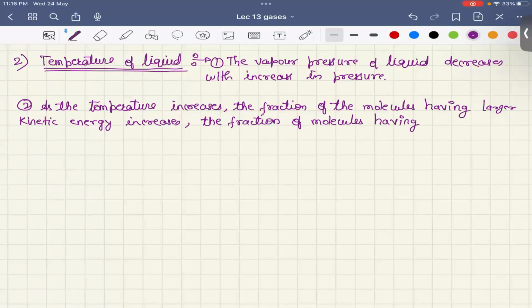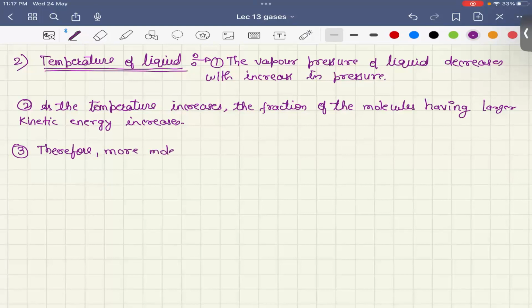The third point is, therefore more molecules escape from the surface of the liquid.